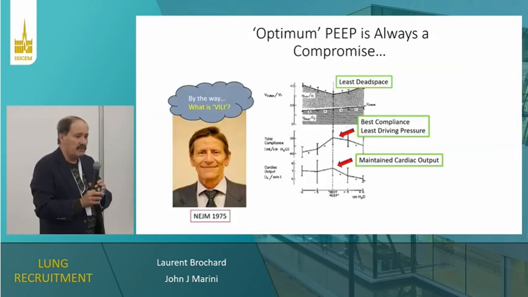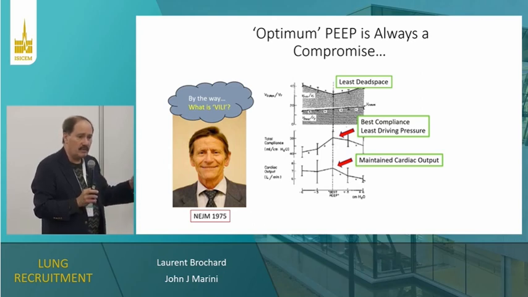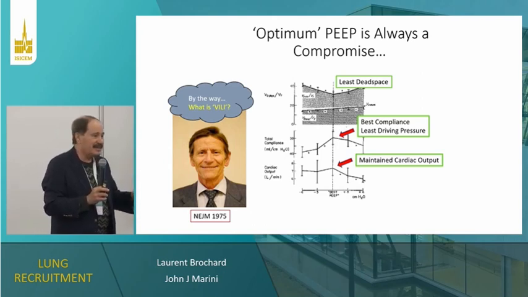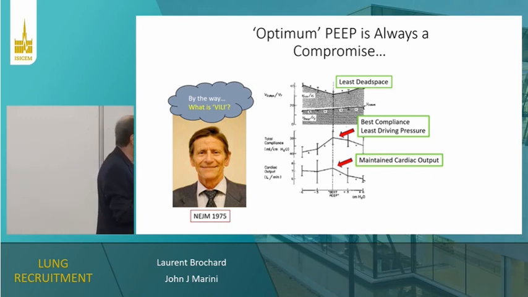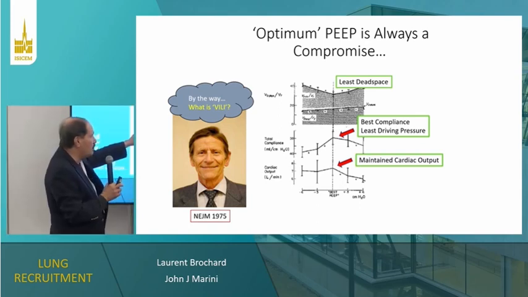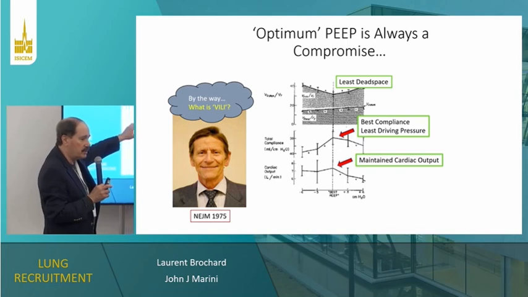I don't know how many of you have read this article. 1975, Peter Suter, one of, I think, both of our friends. This is a paper which has its flaws, but it isn't a bad one. It was in the New England Journal of Medicine at a time when no one was actually concentrated on ventilator-induced lung injury.